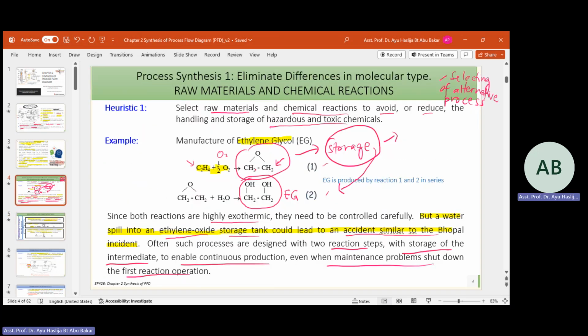Now, since this is hazardous and risky, it can explode if in contact with water, so you need to think of any alternative process that can produce ethylene glycol.